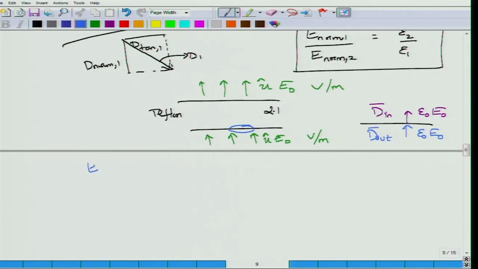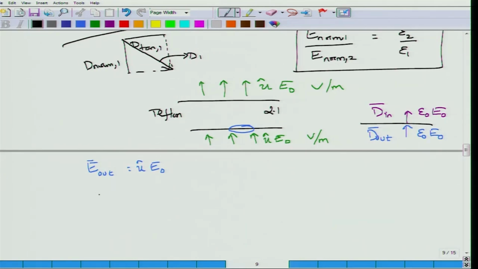What happens to the electric field? Well, electric field outside is E0, directed upward. What about the electric field at the boundary? Well, there is no tangential electric field continuity for me to find the relationship. So I have to go back to the relationship between D in and E in, right.